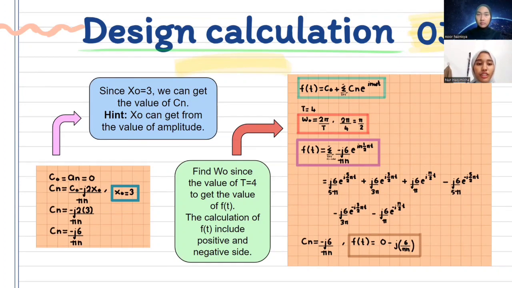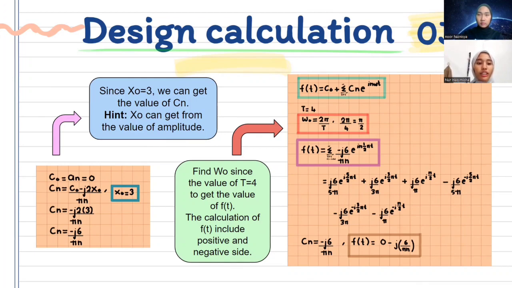First of all, for the design calculation, we need to find C node, Cn, X node, and also f(t). For the graph that we get in the assignment, we will look at the exponential appendix first, and from the appendix we can get the formula.